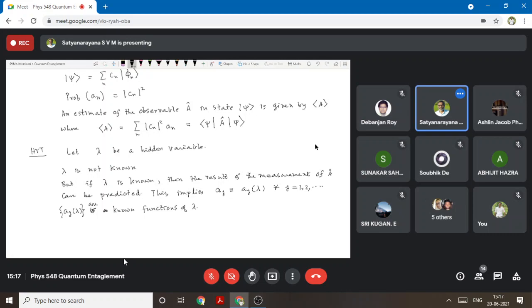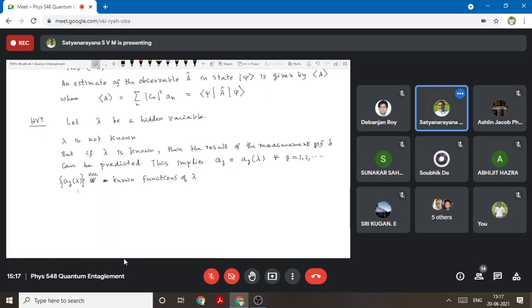Now there are a few things. This lambda is my statistical variable.